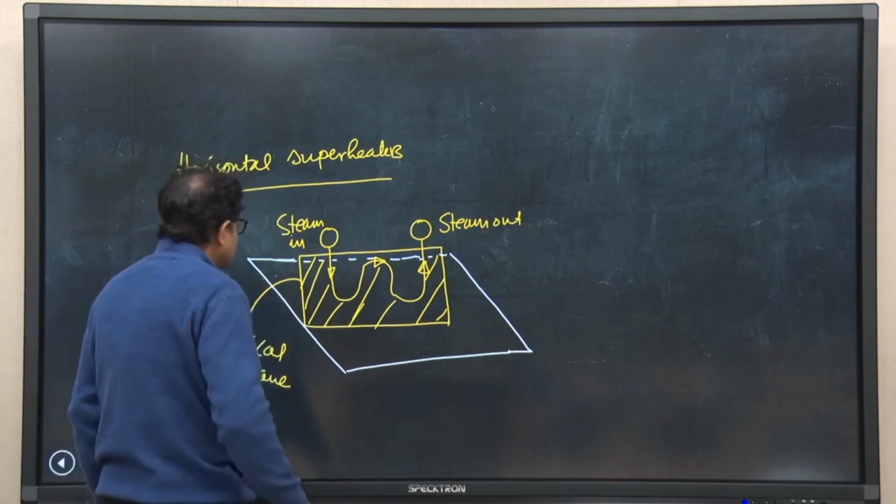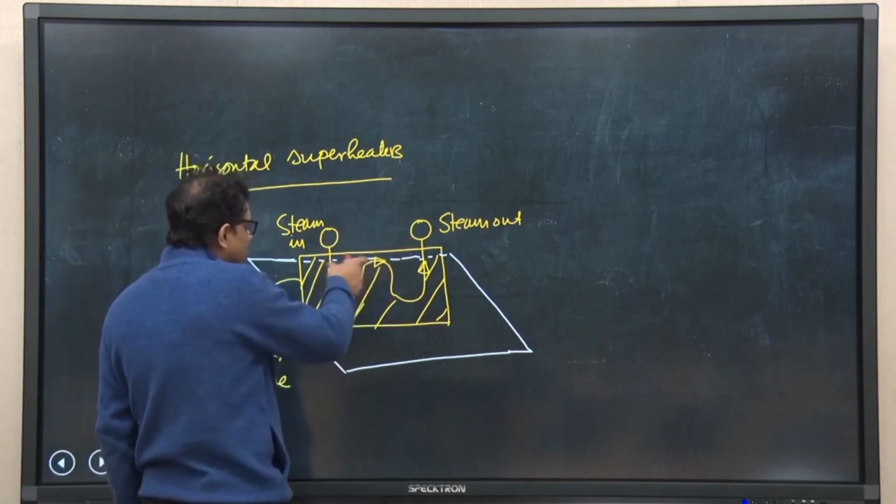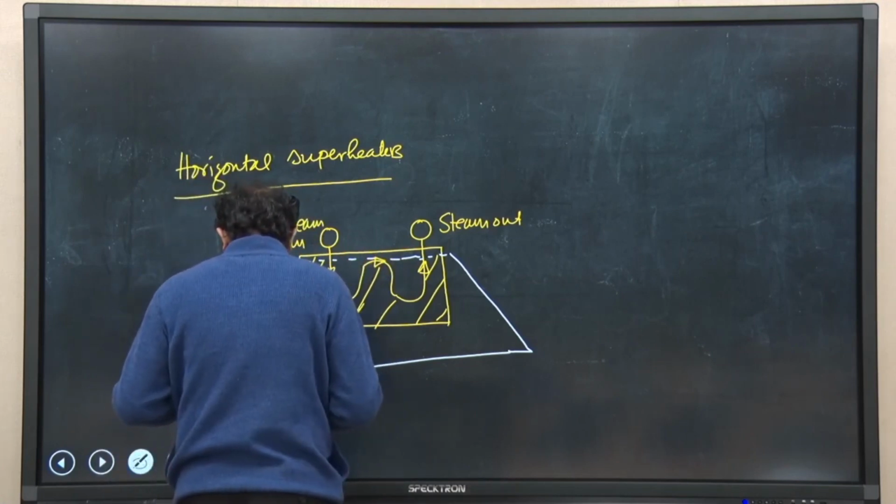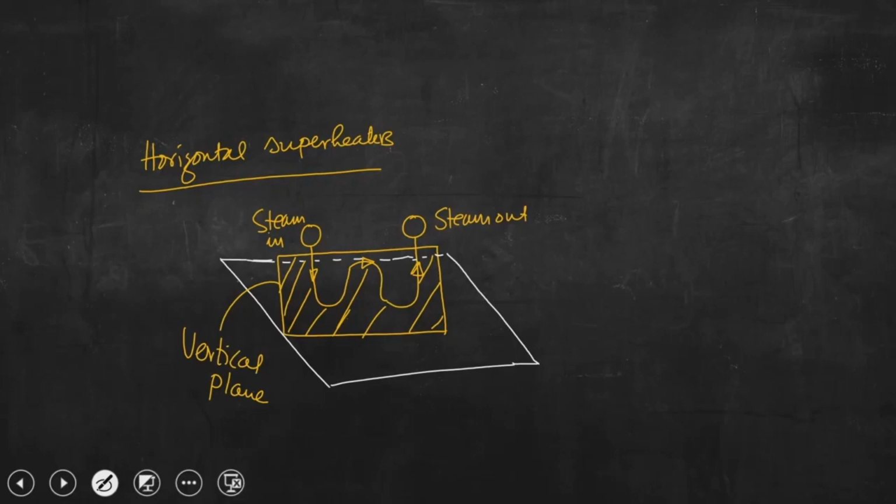So, when steam is coming in and going out from this particular coil, chances are there that condensate will form. So, we need to have some tap.